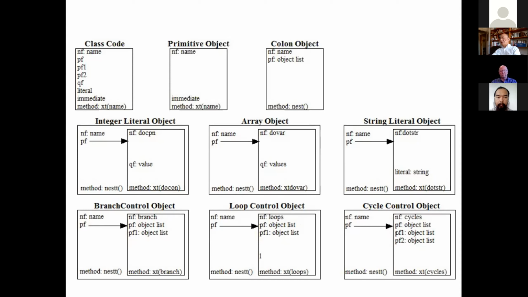But if you have for aft then next, then the PF is between for and aft, and PF1 is between aft and then, and PF2 is the portion after the then. So you can do either a for next loop or a for aft then next loop.